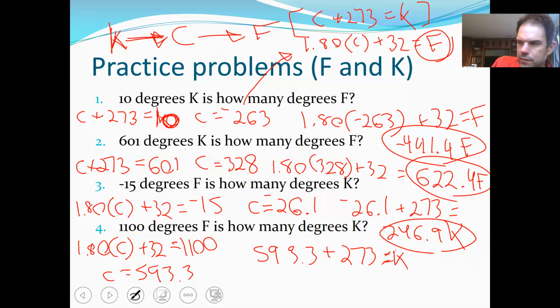That didn't come out right. So let me give negative 593.3. There we go. Plus 273. There we go. So I end up in Kelvin at 866.3 Kelvin. Hopefully that makes sense.